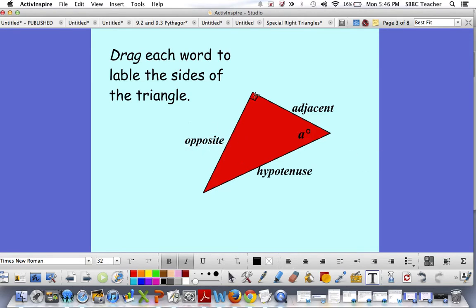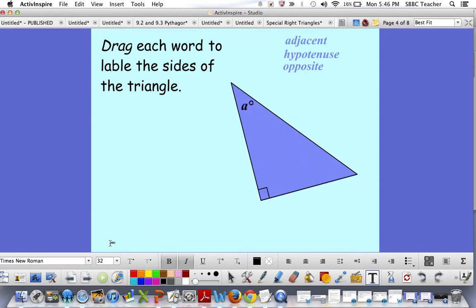So here we have adjacent, hypotenuse, and opposite. Again, adjacent goes right next to the acute angle, but not the hypotenuse. Hypotenuse is the slanted side across the right angle symbol, and opposite is the side that is opposite the acute angle.